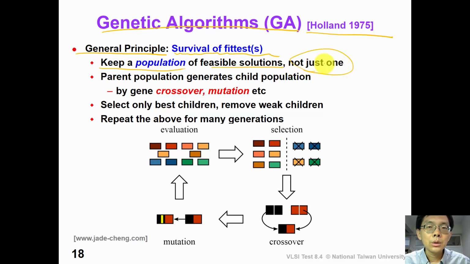Please note that we don't just keep one solution. The parent population will generate the child population by genetic crossover or mutation. We select only the best children and remove weak children. Then we repeat the above loop for many generations until a stop criterion is met.